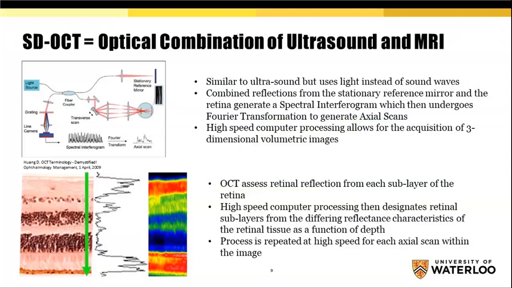And with the technique, the sensitivity is such that we can actually pick out the sublayers of the retina. So depending on how many lines you wish to delineate, there are 8 and maybe 10 layers to the retina itself, all aligned like a piece of plywood. So, layer on top of layer on top of layer. Next slide, please.